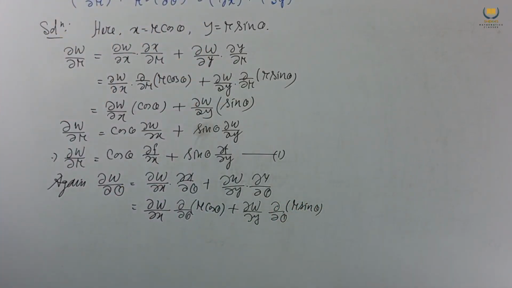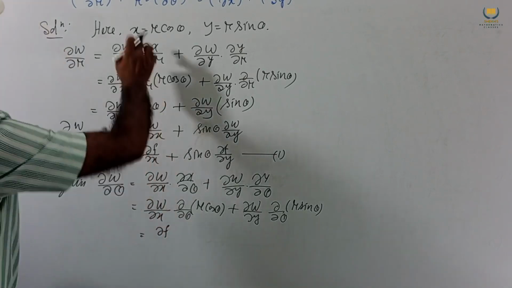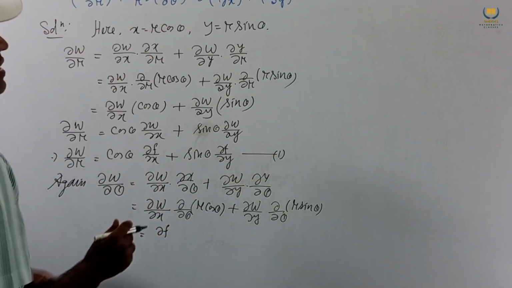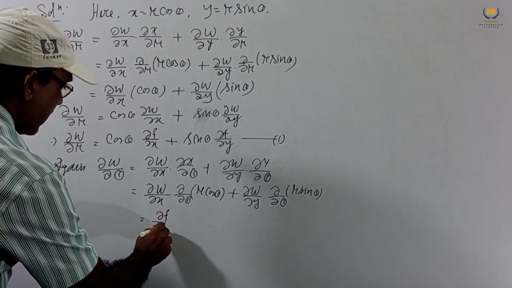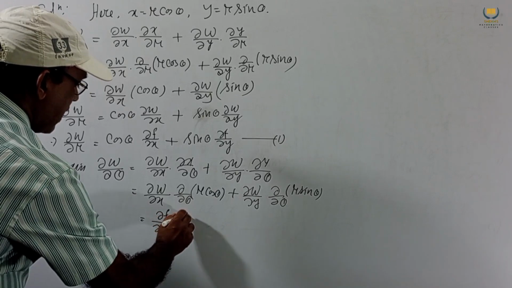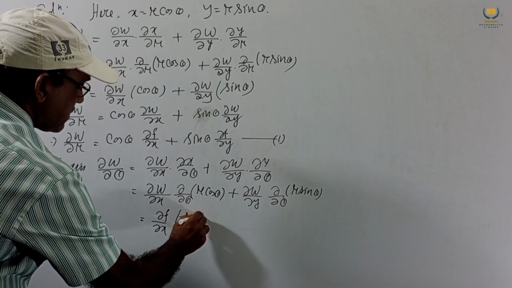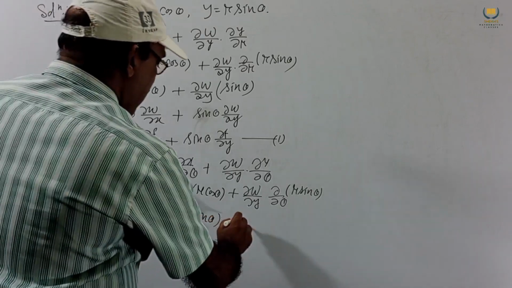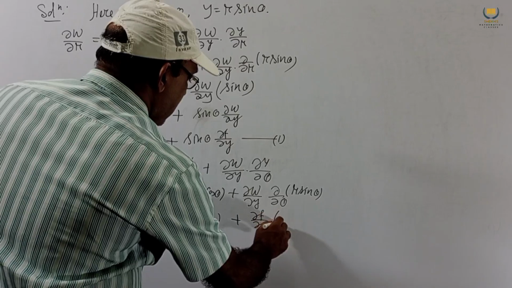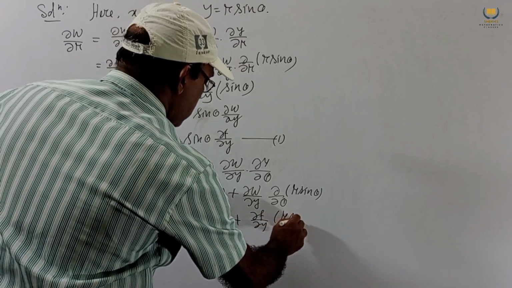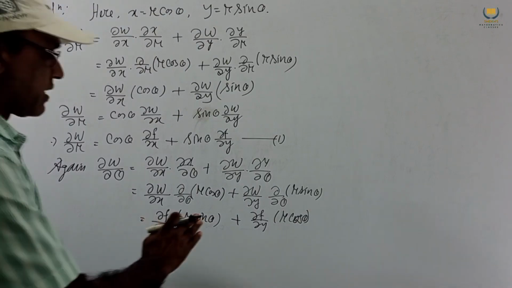We get this, and w means f, because our answer is given in f. ∂f/∂x, this will be r, and d/dθ of cos means minus sin, so this is minus sin θ. And this one ∂f/∂y, r cos θ. We get this r cos θ.